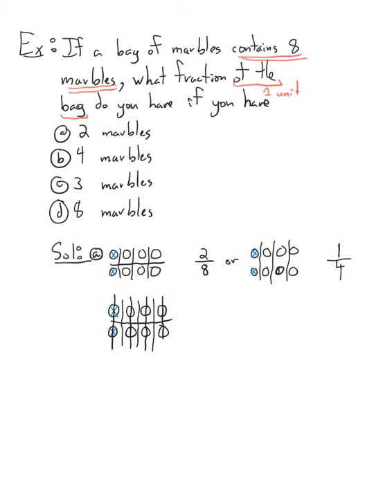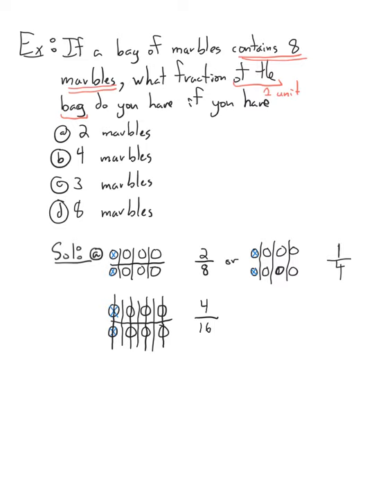In no place in the question does it say we have to keep the marbles whole. We could get out our saw or whatever and cut the marbles in half. So now, how many pieces make up the bag? Well, now there are 16 halves of the marbles that make up the bag of 8 marbles. So the denominator is 16, and we have 4 of these half marble pieces.